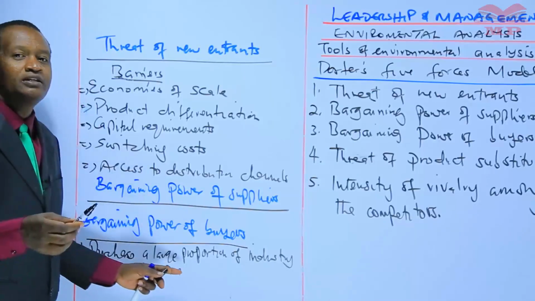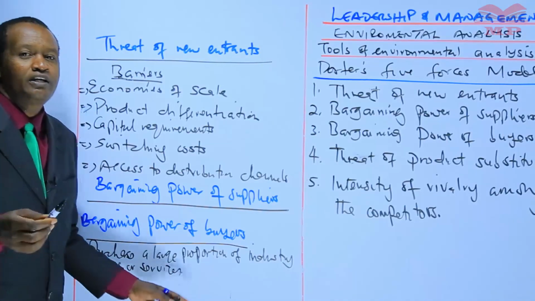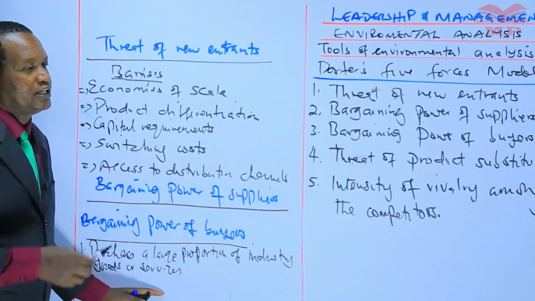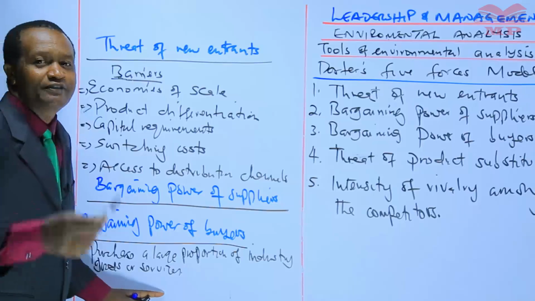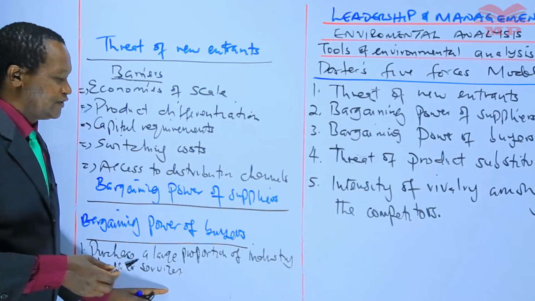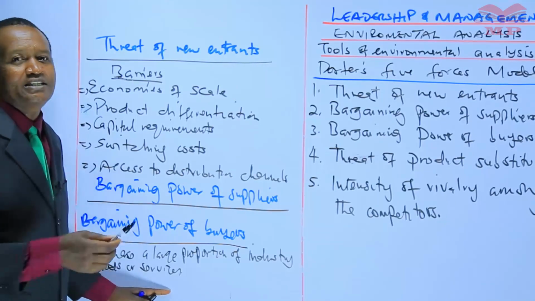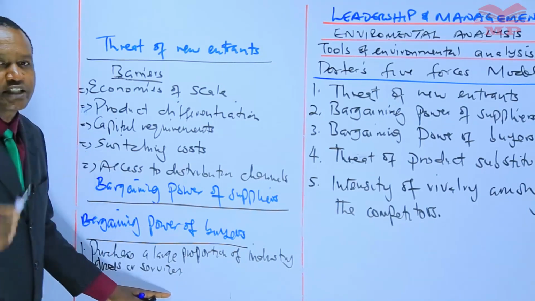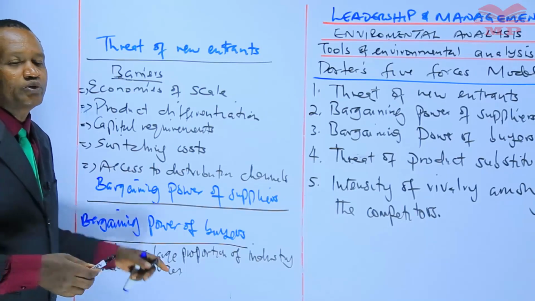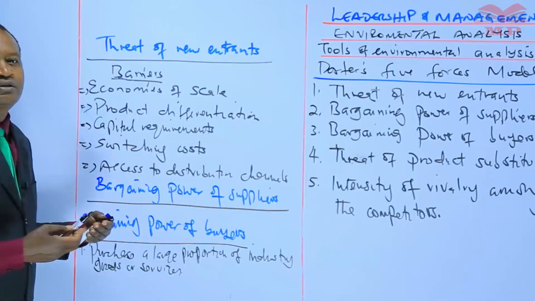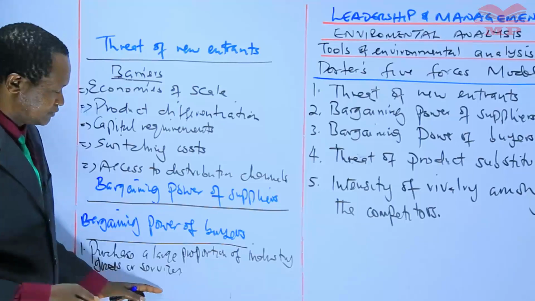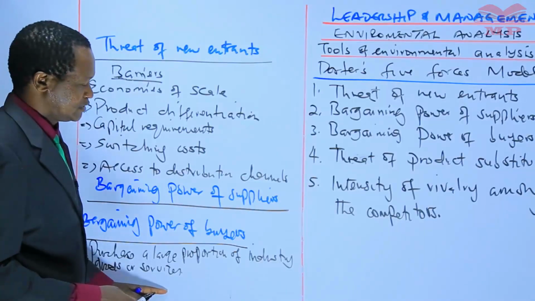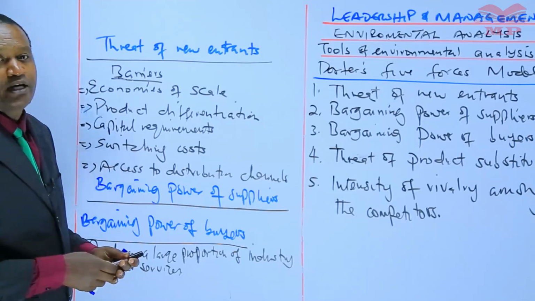Another factor is that if industry products are undifferentiated, in other words, if the products are standardized, then buyers pose a credible threat if they were to integrate, say, backwards into the seller's industry. If the products are not differentiated, then buyers will have bargaining power.